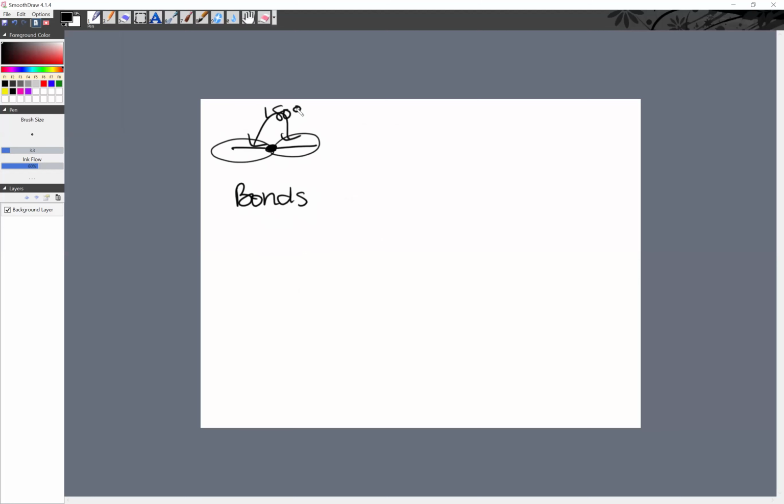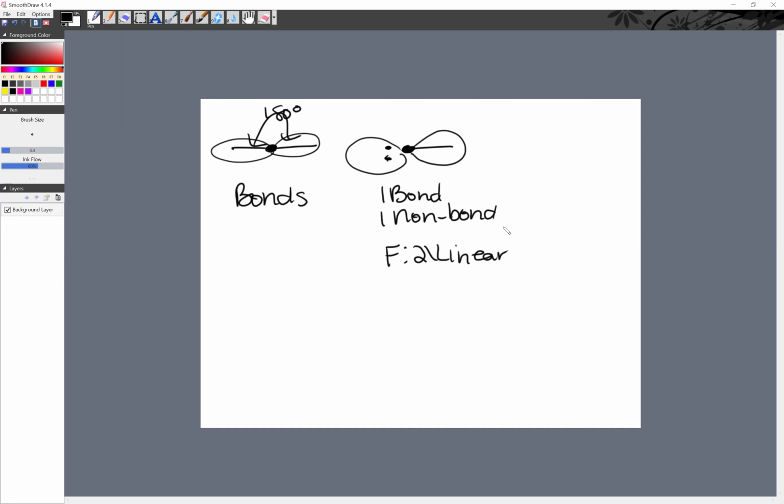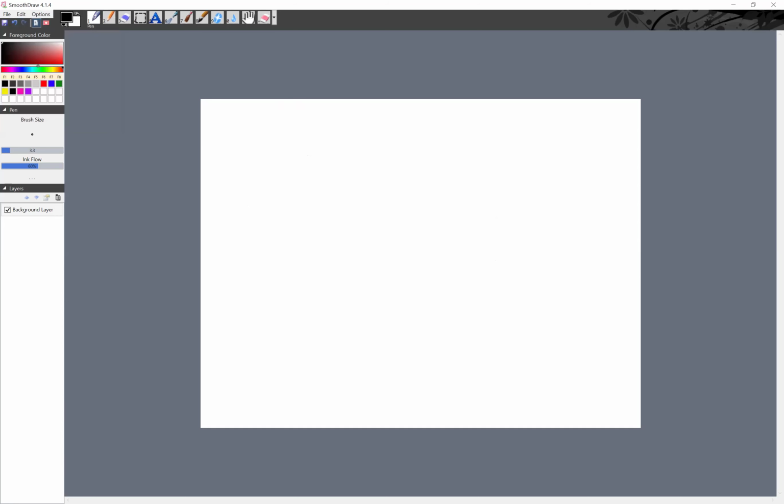And then the other option would be a bond and a lone pair. Now keep in mind that's still 2 things, okay? But this has one bonding and one non-bonding. So we're still in family 2 or family linear, and the shape is also linear. It gets more interesting as we get past family 2. All right, so let's go to the next variation.